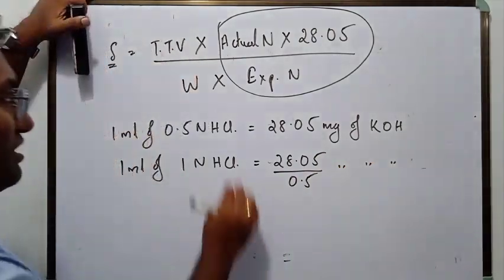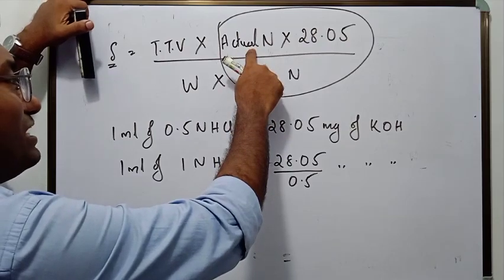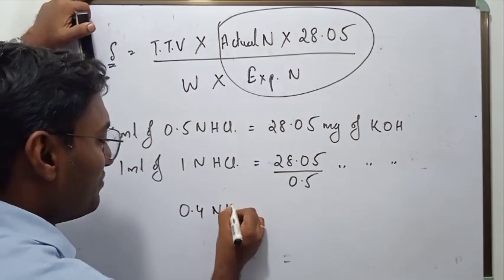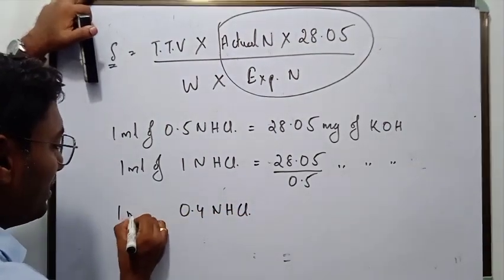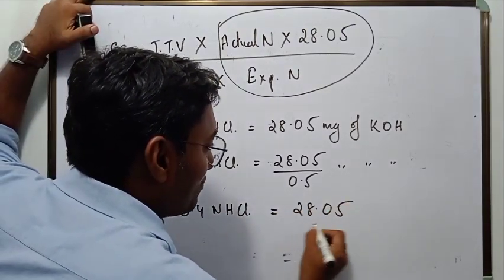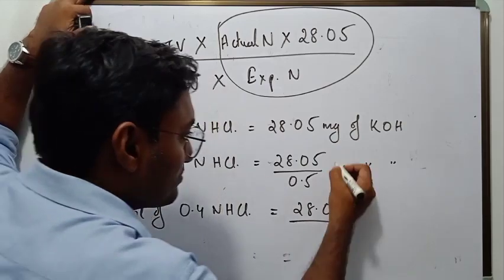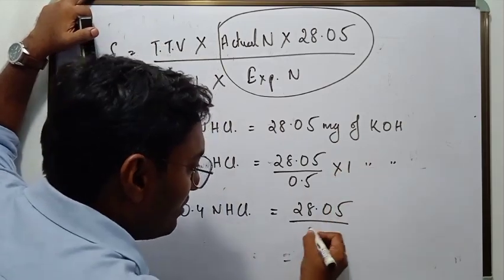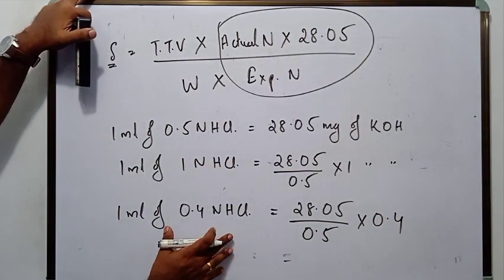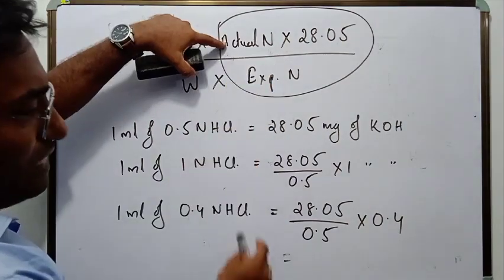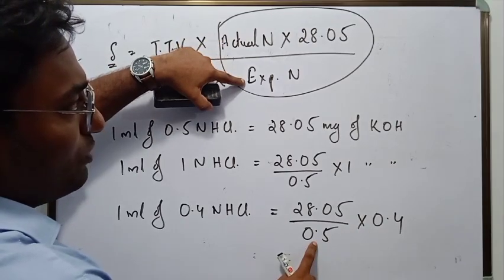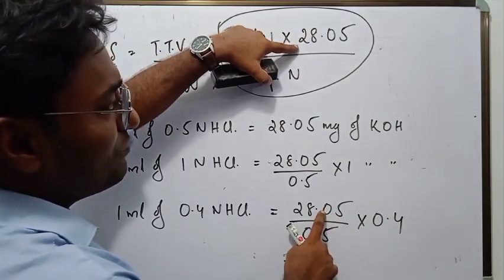Now if today in my experiment my normality is not 0.5, it is 0.4, then for 1 ml of 0.4 normal, what I will get? 28.05 into 1, divided by 0.5, into 0.4. So that is how it is coming. Actual normality is 0.4, expected normality is 0.5, and 28.05.